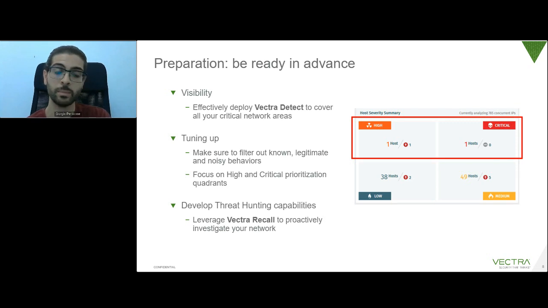So during the deployment of our Vectra sensors, if it's not possible to collect all data from all of your network, at least we usually focus on finding out what are the most critical areas of your network. So where your domain controllers are placed, where your business critical assets are placed, where your users are actually operating on a daily basis. All of those areas, we want to cover and collect data from there.